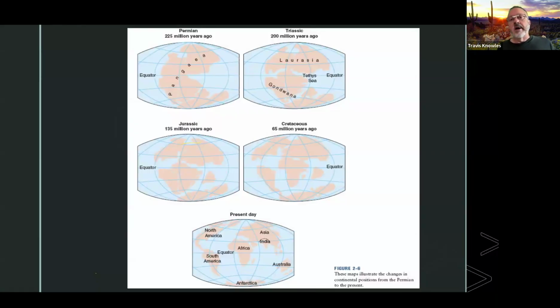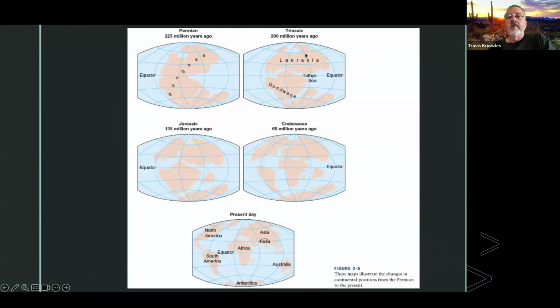This is a somewhat better map. The snapshots in time that you're seeing are a little bit different from the previous slide that I showed you, but the principle is what's important here. 300 to about 225 million years ago, a single landmass called Pangaea. By about 200 and certainly by 170 million years ago, Gondwana and Laurasia split apart into those great northern and southern supercontinents.